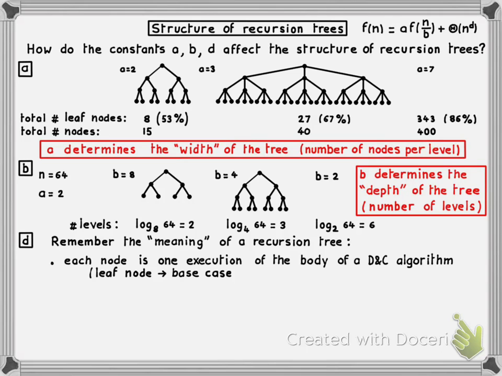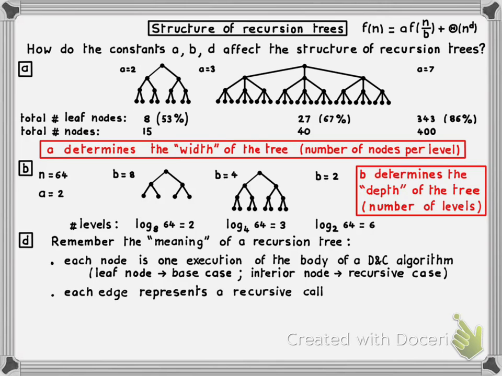In particular, the leaf nodes correspond to the base case executions of the algorithm, where there's no recursive call, and the interior nodes in the tree correspond to the recursive case executions, when we do make recursive calls. And remember, the children of a node correspond to the execution of the recursive calls.